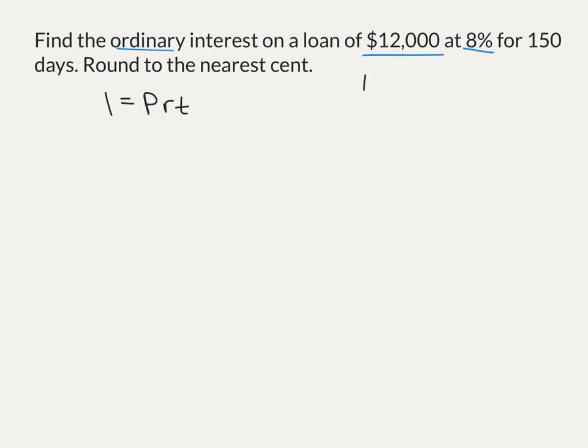So that means that T equals 150 divided by 360. If we divide 150 by 360 to get a decimal value, we get 0.41666666 repeating.